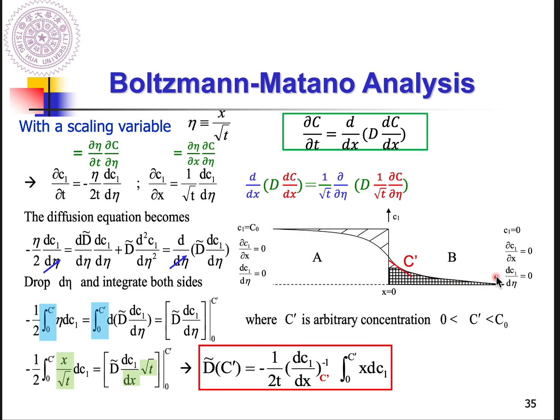So some people probably will ask how to get this diffusion profile. In your experiments, first of all, as long as you have a diffusion couple, you heat it up and allow diffusion to happen.